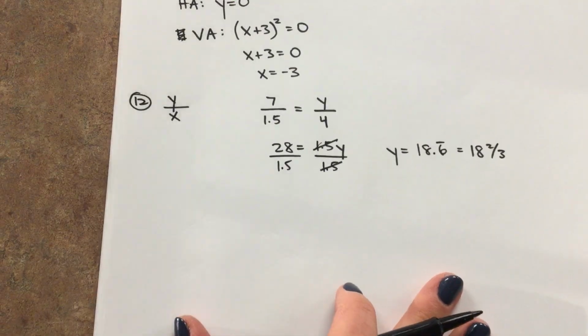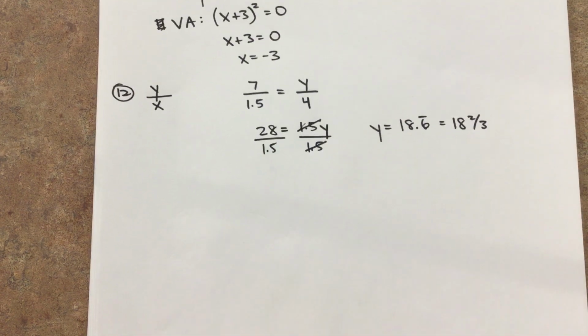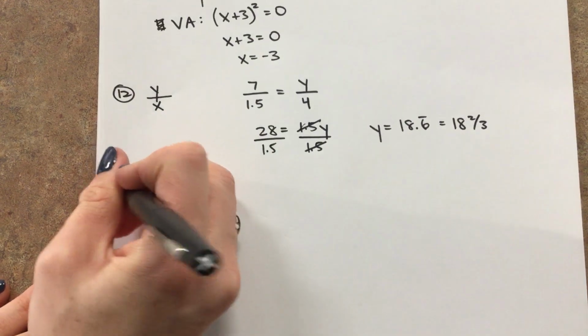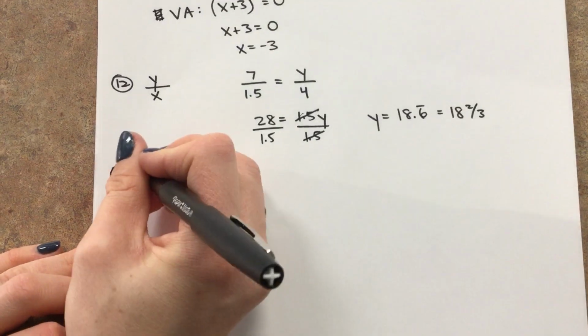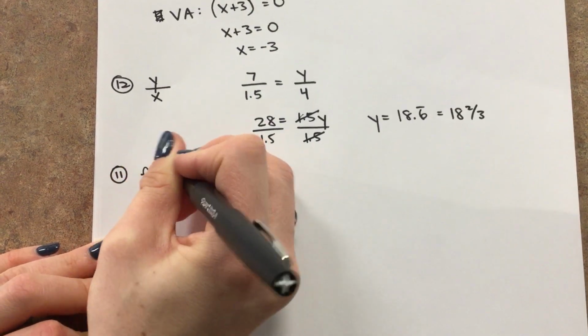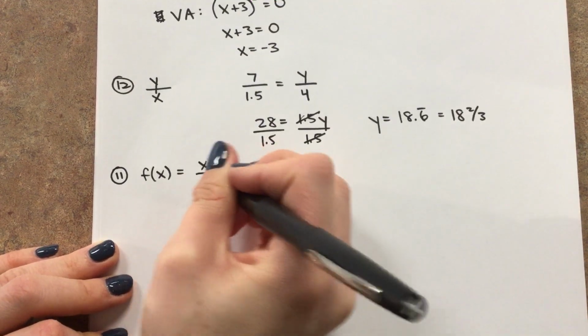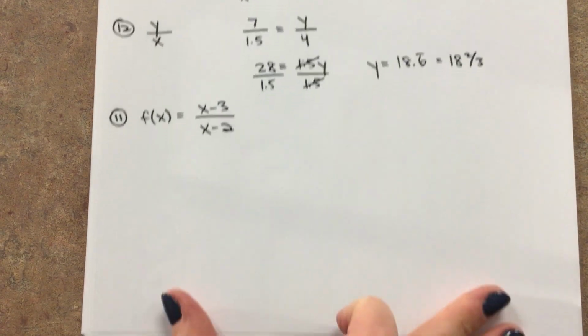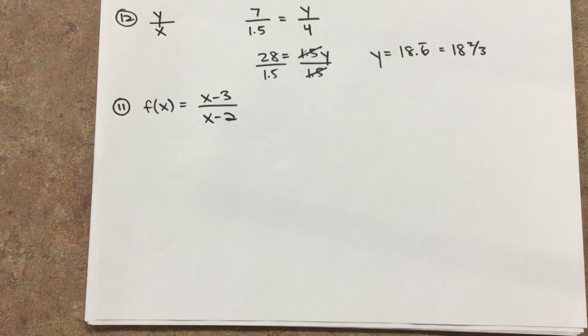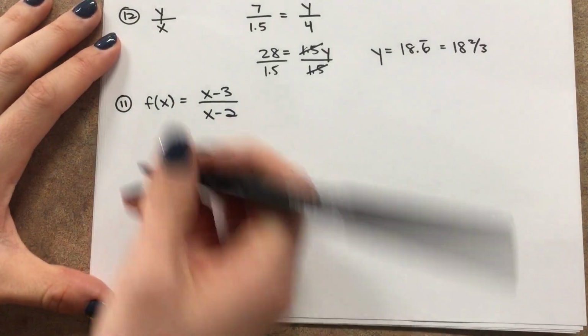Okay, so that one's pretty straightforward. Questions on that one? Okay, and then back to number 11, another one of those graphs. Since I didn't ask for domain and range, this is an 8-4 graph. So for that one, you do x-intercept, y-intercept, horizontal asymptote, vertical asymptote.